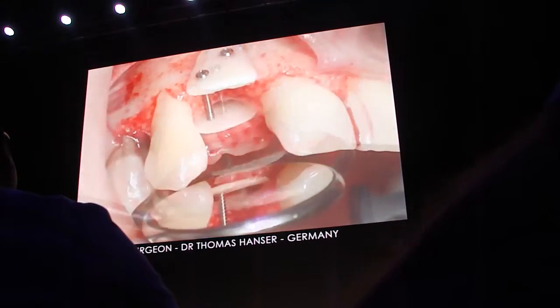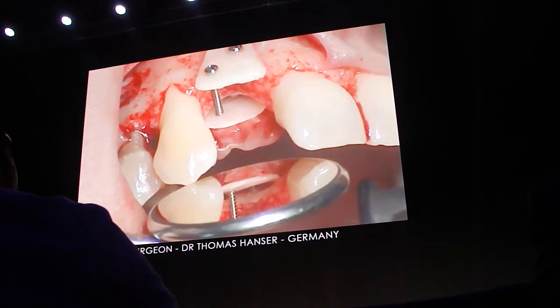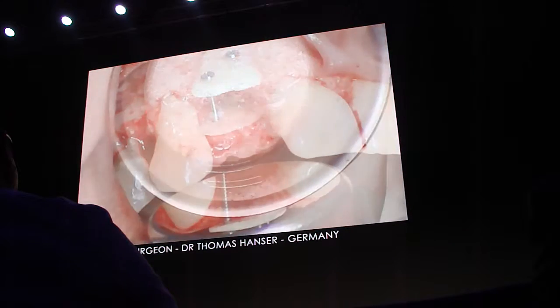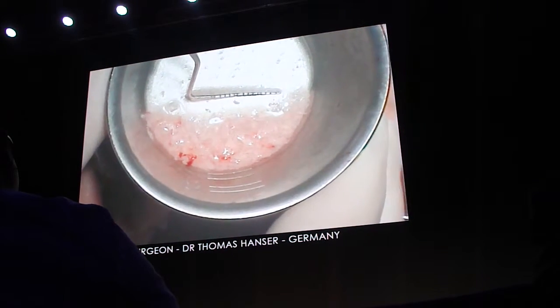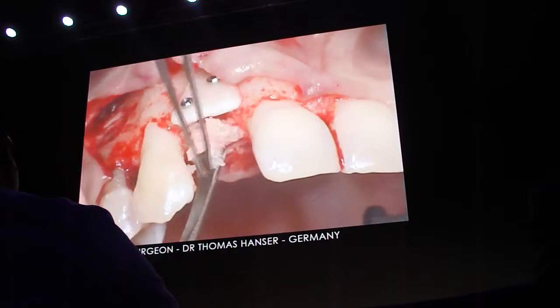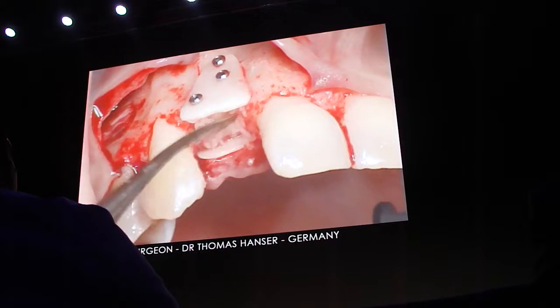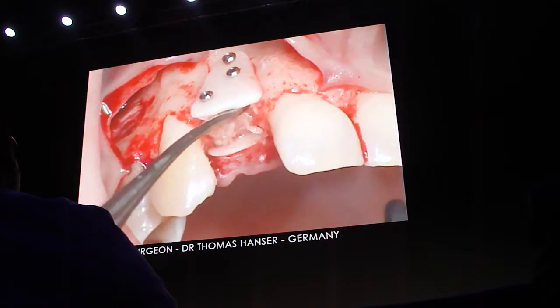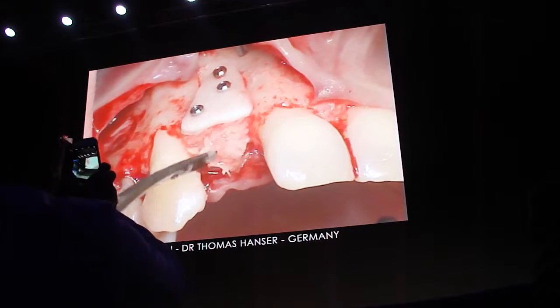We can also imitate the natural morphology in a sense of convexity. These are the bone chips coming from the same donor site, and now we are able to fill up this gap and to complete the missing bone.